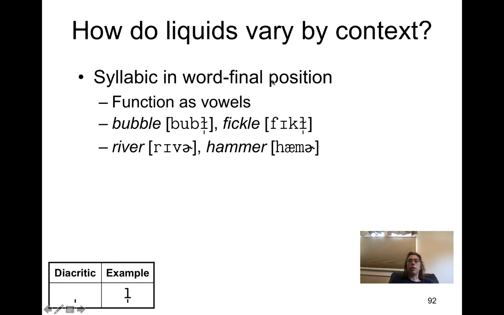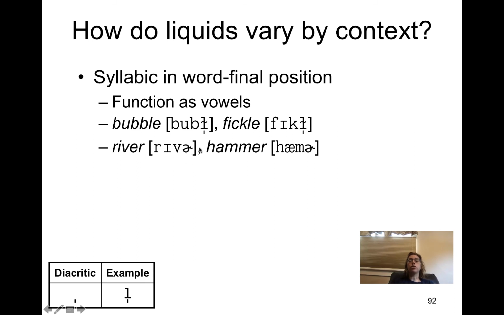And as I mentioned with our nasals, our L's are also syllabic in word final positions. So again, those L's can be syllabic. So we have bubble, fickle, and to a point, our R's are also syllabic.